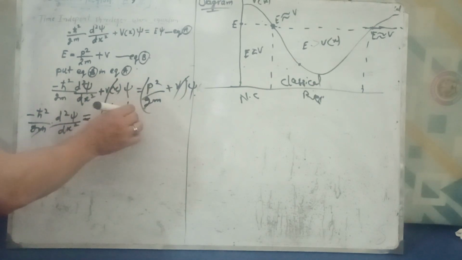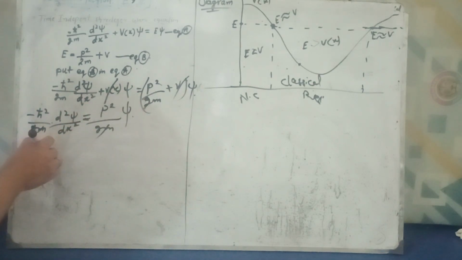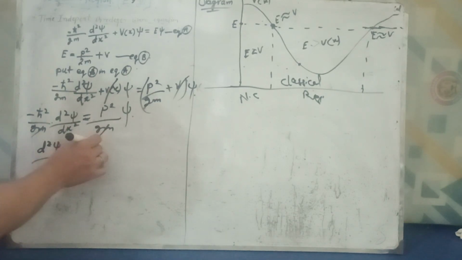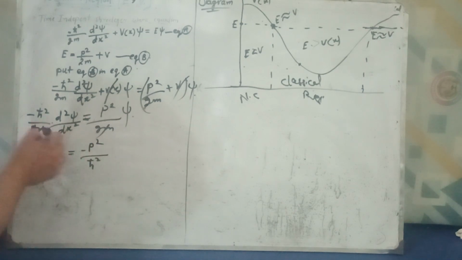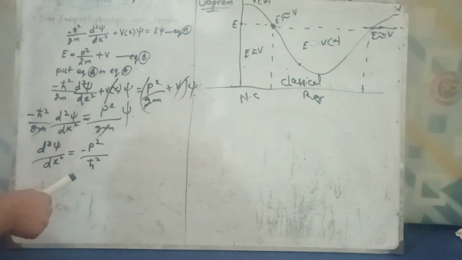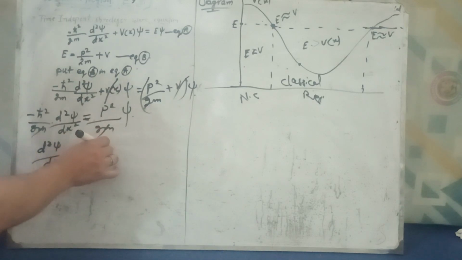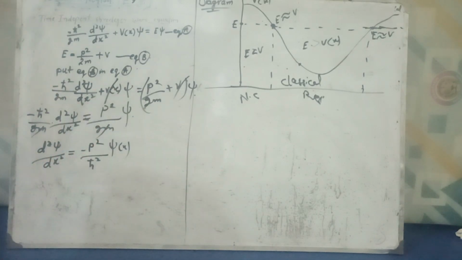So d2 psi divided by dx2 is equal to minus p square divided by h cut square into psi of x.